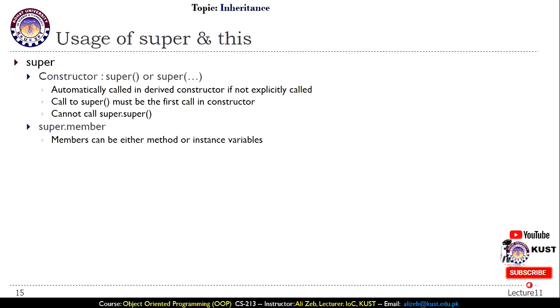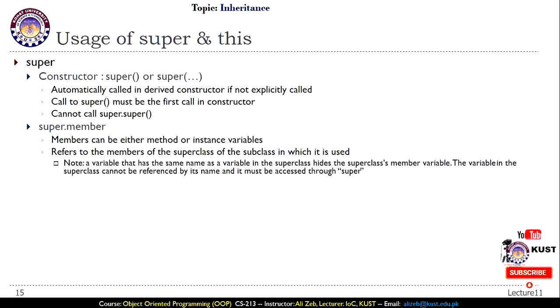Members can be either methods or instance variables. Super refers to the members of the superclass of the subclass in which it is used. So if we want to use the superclass's members somewhere in our subclass, then we can call those using the super keyword.